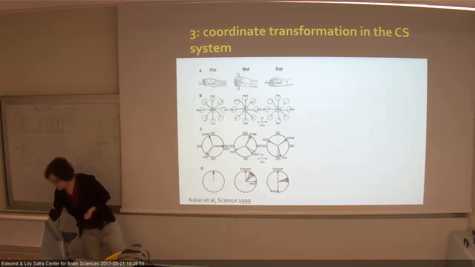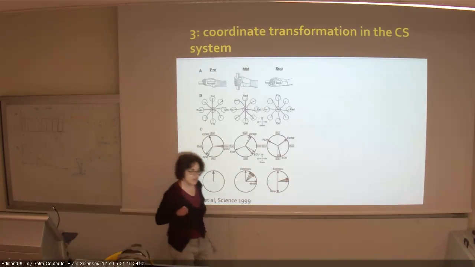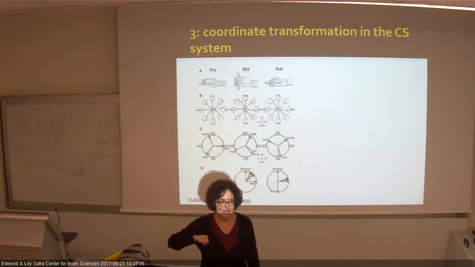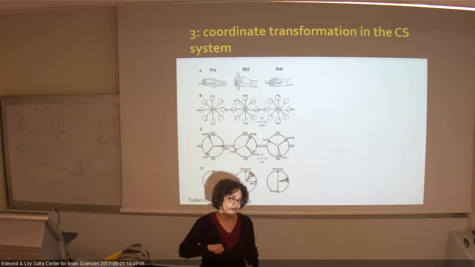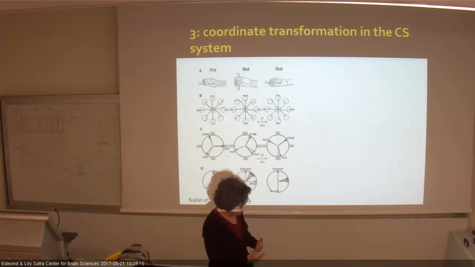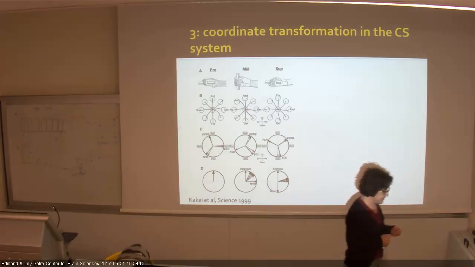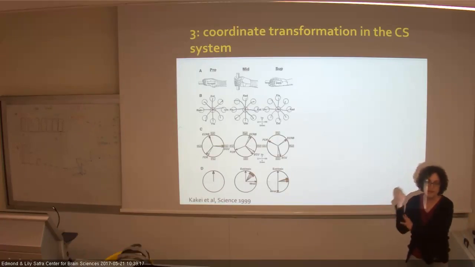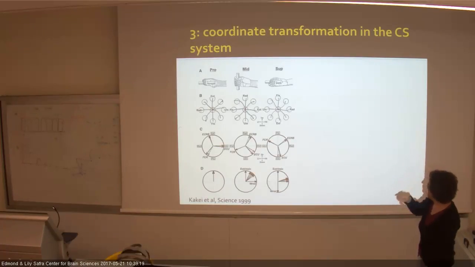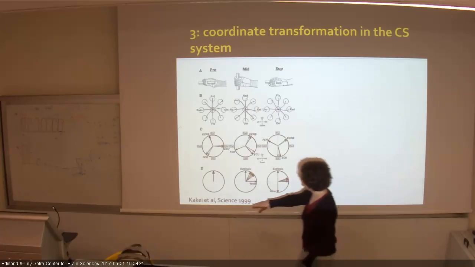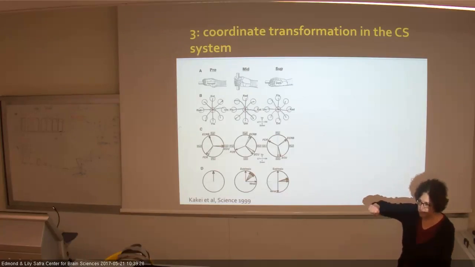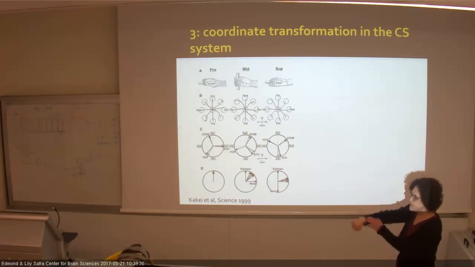So in all these experiments, the movement of the monkey was always in the same direction, or there was no continuous exploration of the relation between the direction of movement and the underlying muscle activity. This is work that Peter Strick started in 1999, and what he did is he trained a monkey to perform center-out tasks using the wrist only.